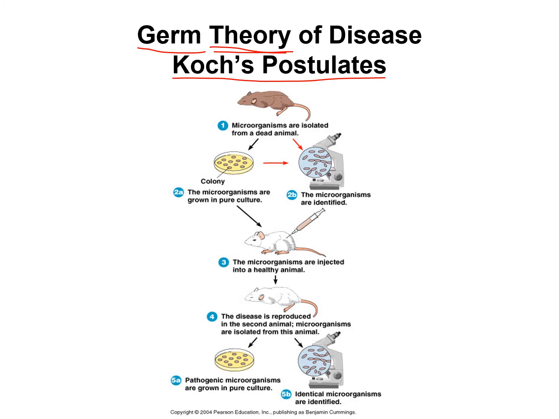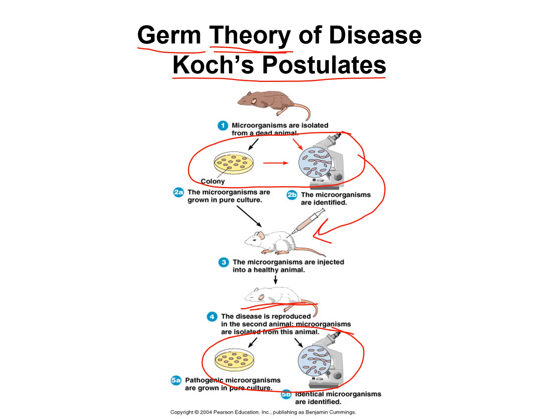But it's basically identifying the microbes from diseased organisms, exposing a healthy organism to those microbes, and then that healthy organism has to come down with the same disease, the original disease, and once again you have to isolate and identify the microbe from that test organism.